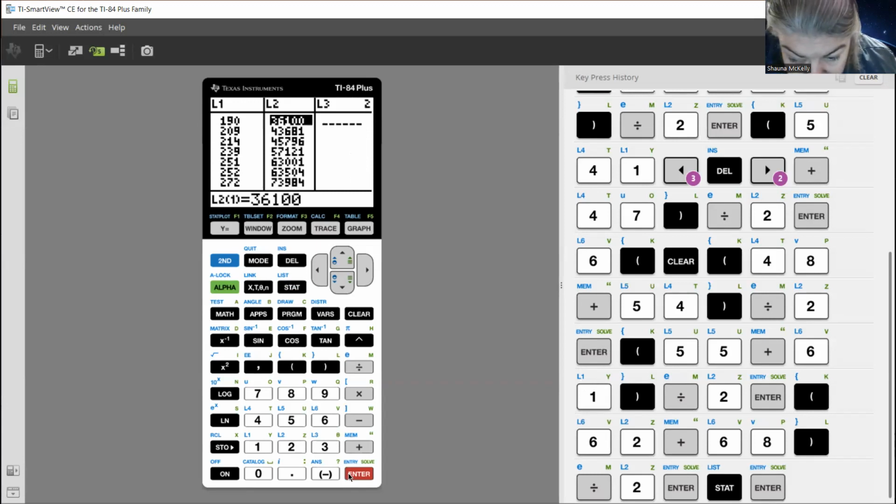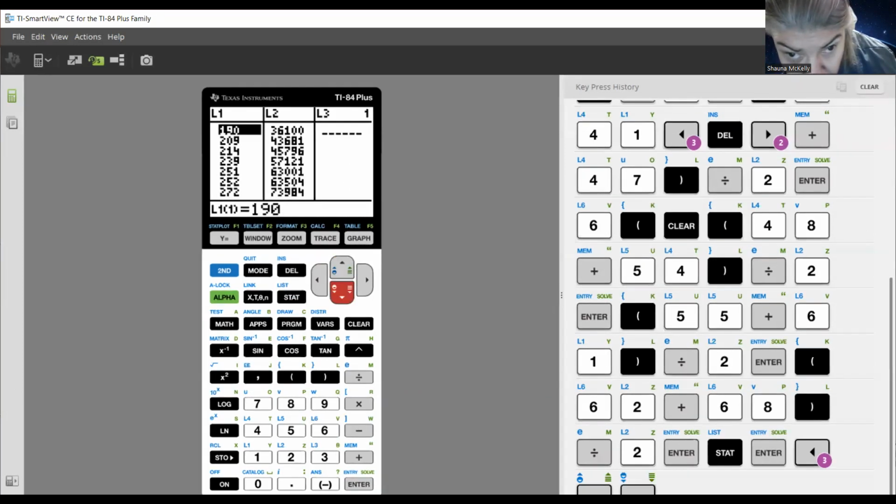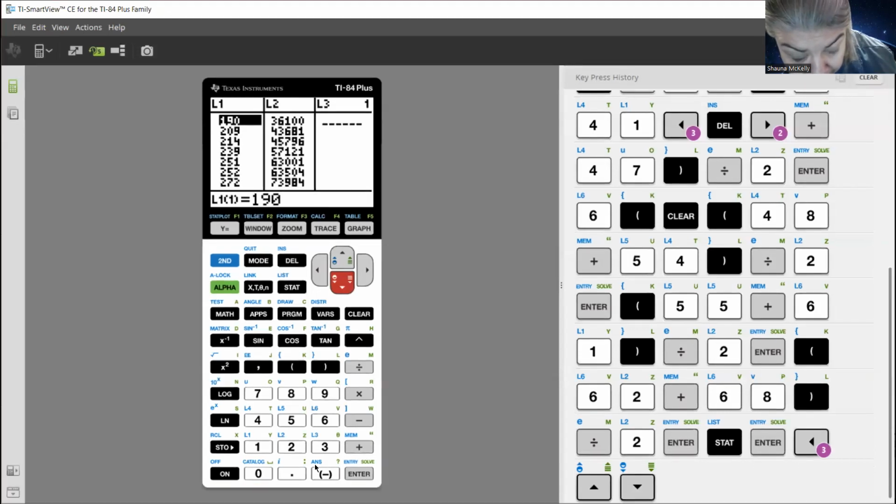If you already have data there, there are a couple of things you can do. If you have multiple lists like this, you can either go up to the list name, up arrow there, and hit clear, enter, or you can also use, especially this works well if you have a lot of lists.